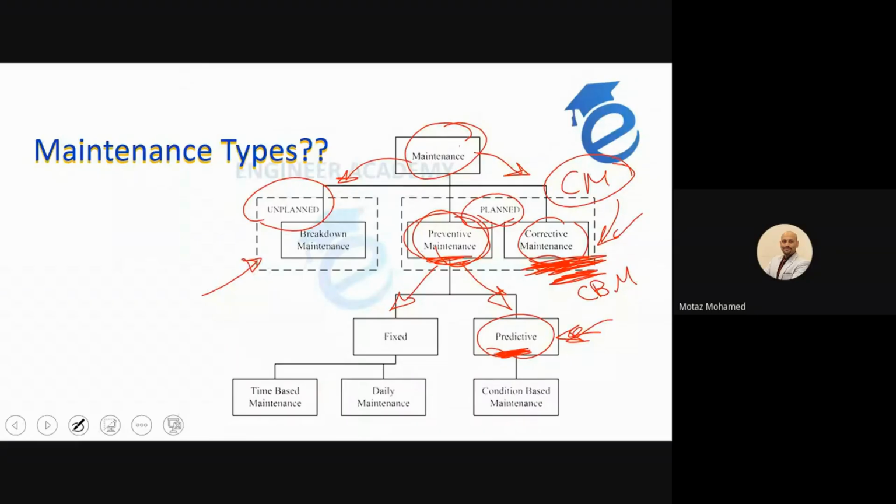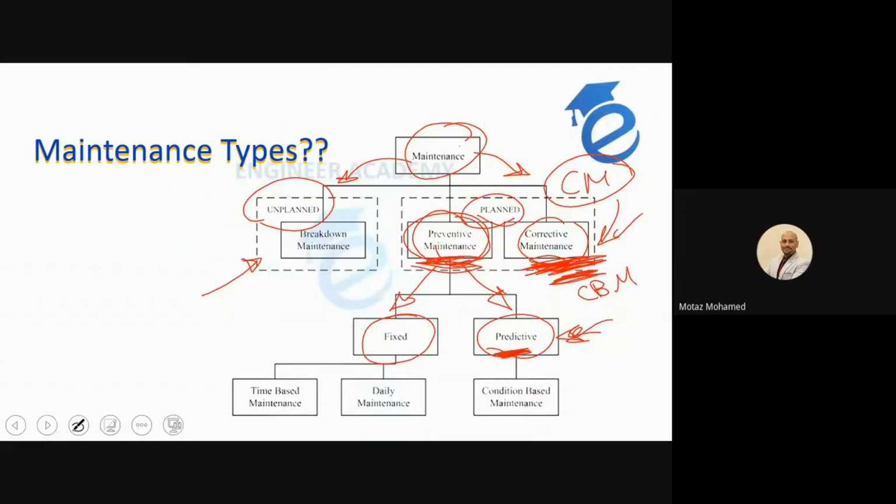Infrared thermography, ultrasound, NDT, any kind of condition monitoring done periodically, which means that you do this activity based on time or running hours, is considered preventive maintenance, whether time based or running hour based, it's still under time based. Fixed means like overhauls. After this number of running hours, I have to do this kind of maintenance. I need to do these overhauls and so on.